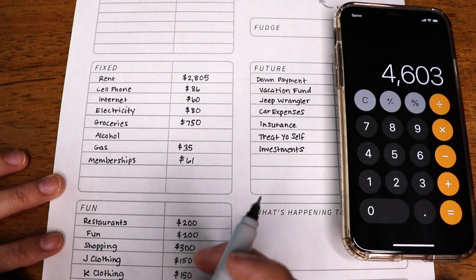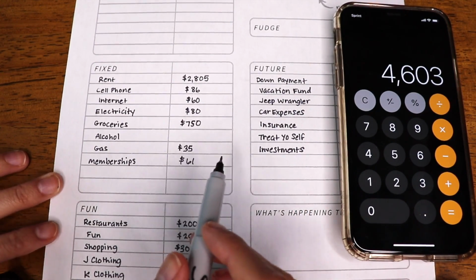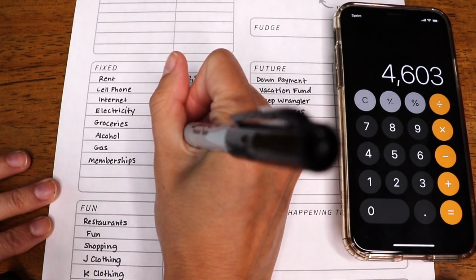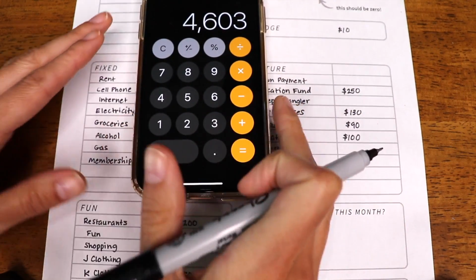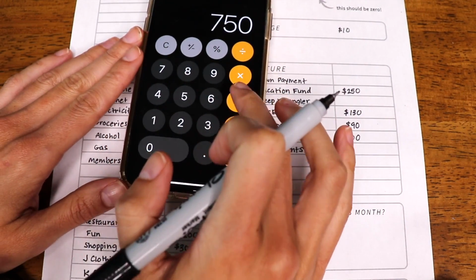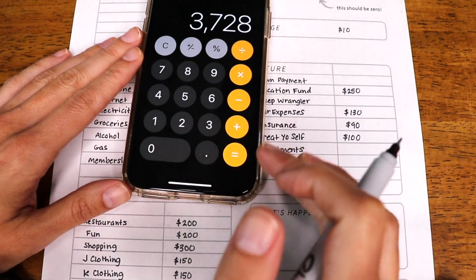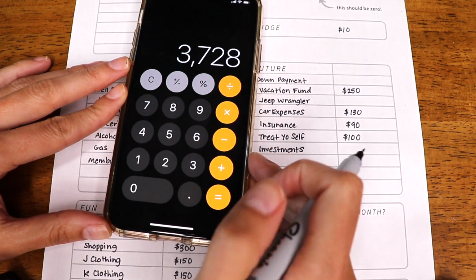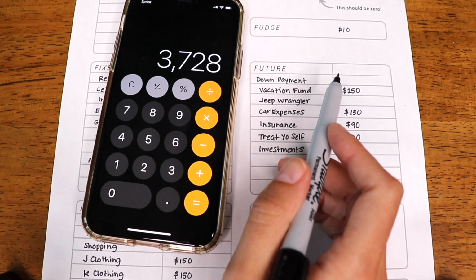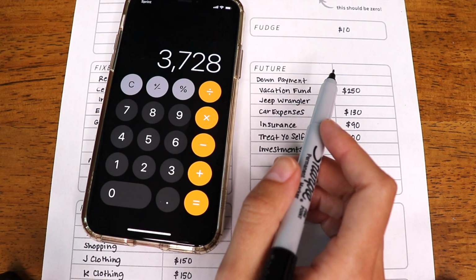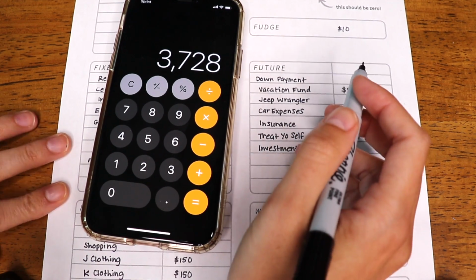And then alcohol, since we've been doing this mixology class and kind of practicing cocktails and stuff, I'll leave that at $125. So let's subtract that out. Okay, so we still have plenty of room to put money towards our down payment. And since I said this was really going to be the focus, then I'm really going to max this out.